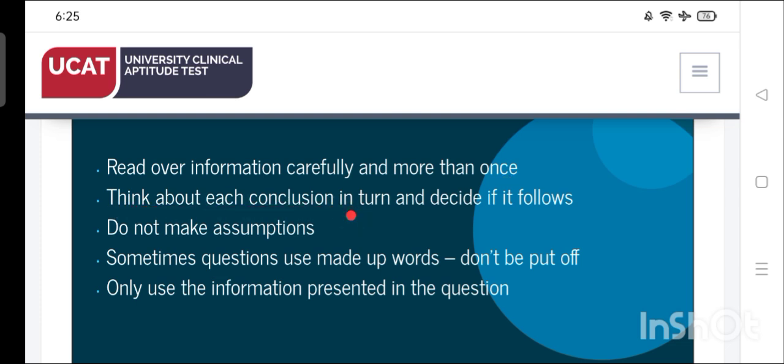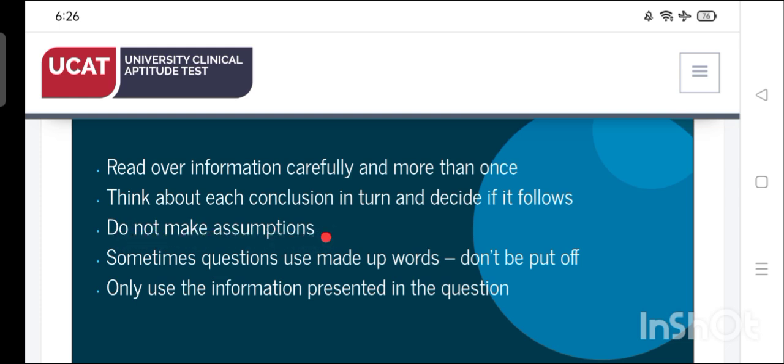Think about each conclusion in turn and decide if it follows. Okay, as I told you, 5 conclusions will be given to you, so you have to think about each conclusion. Each conclusion should be read very carefully and more than once, so you can decide if it follows the information given to you or not.